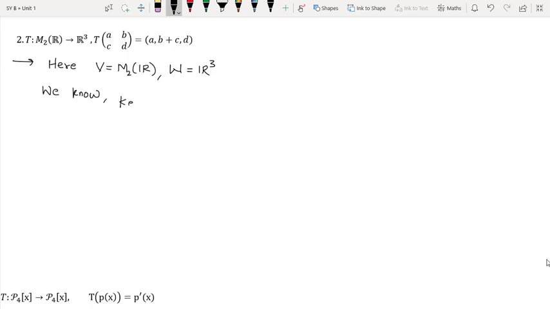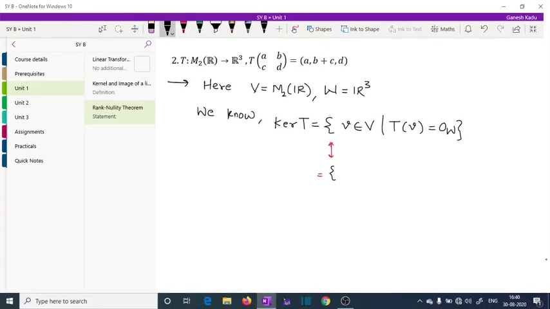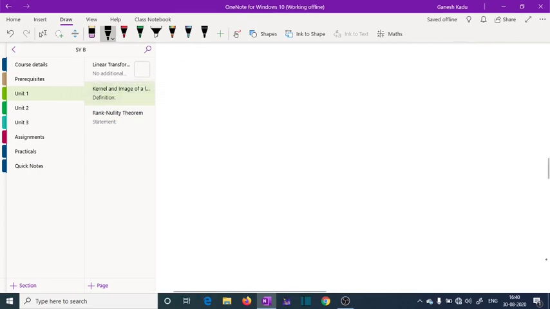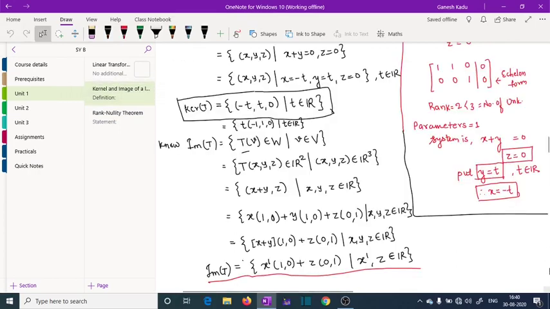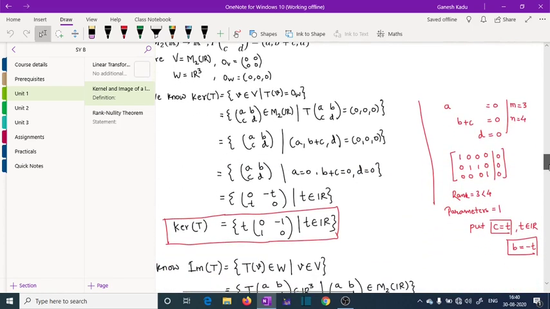So we know what the kernel of T is. Kernel of T is the collection of all v belonging to V such that T of v is equal to 0 W. So the rest of the things you can do. I will directly write down our kernel of T, and let us see what it is from the last section. Yes, so I got it.